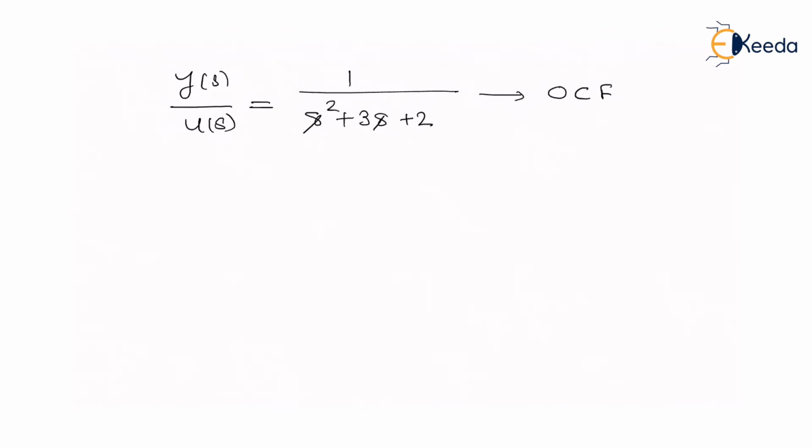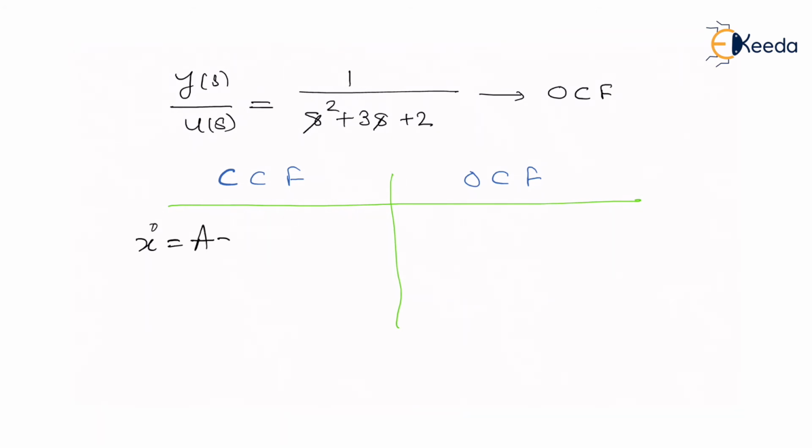Let us first have a quick difference between CCF and OCF form. Now, let us say I am having two sections, CCF and OCF. Let us analyze the state expressions in CCF form. It is given as x dot = A x + B u and y = C x + D u.